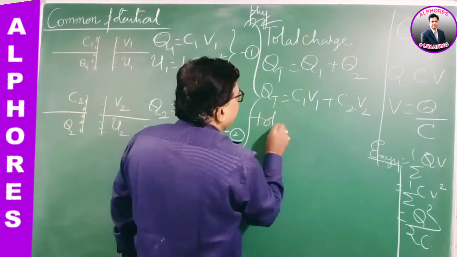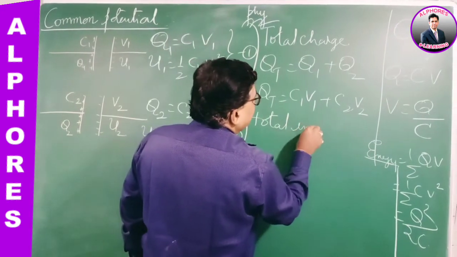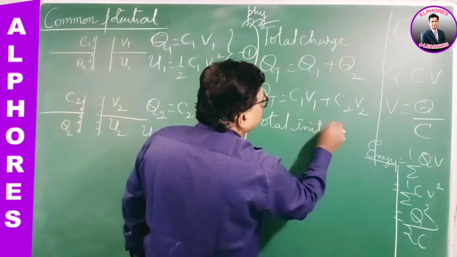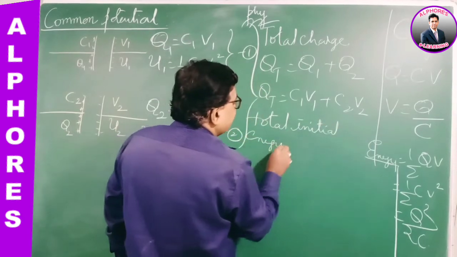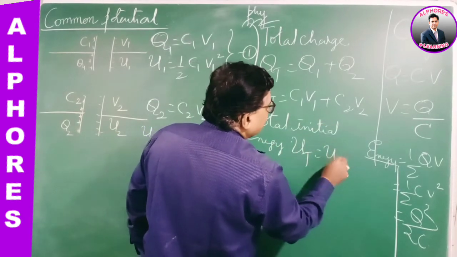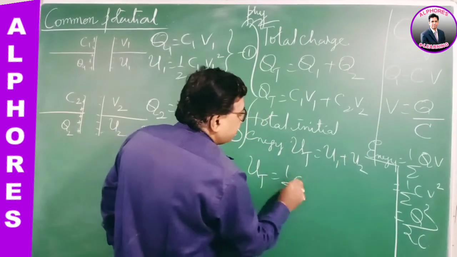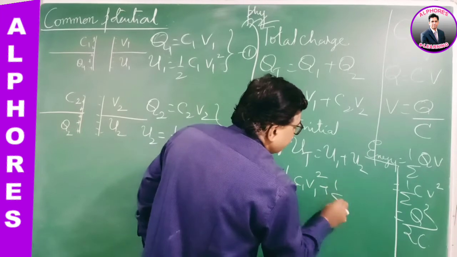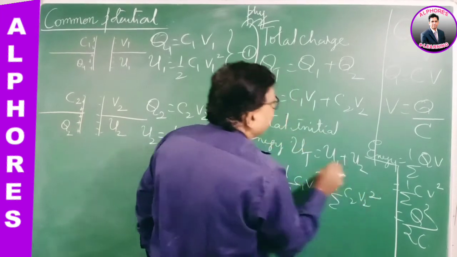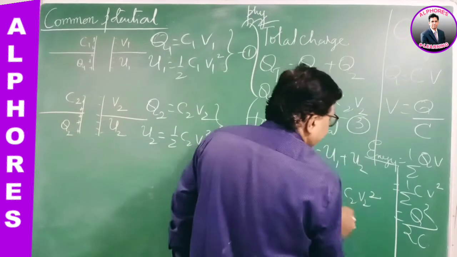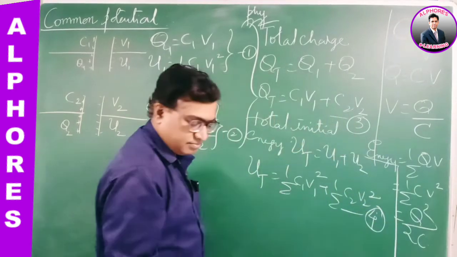Similarly, the total initial energy stored, U total, is U1 plus U2. So U total is half C1 V1 square plus half C2 V2 square. Let this be equation 3, and this be equation 4.